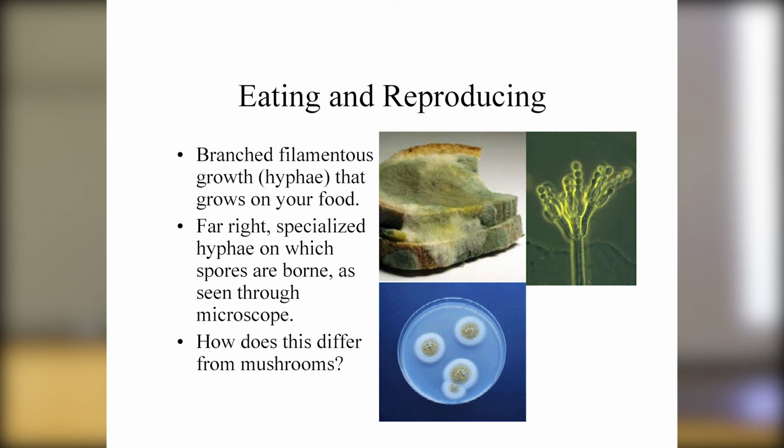If I can make this analogy, it's kind of like a fruit tree. An apple is the fruit of the apple tree. In this case, the mushroom is like the fruit of the fungus, which is like the mycelium. So the mycelium is equivalent to the tree, and the mushroom is equivalent to the apple.